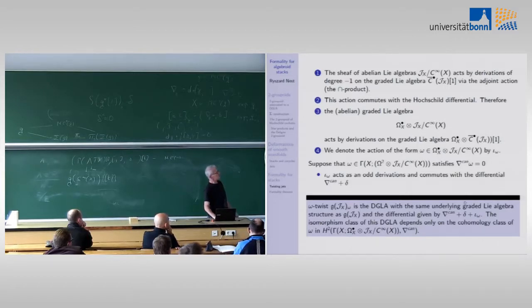And what's happening is that the differential on this bundle of jet-wise Hochschild cochains gets twisted by contraction with this two-form. There's a natural way of contracting this two-form.